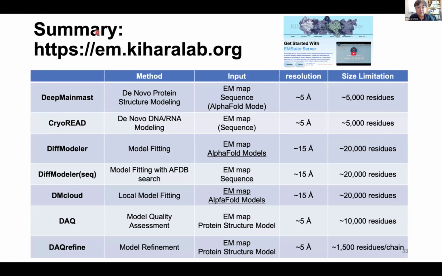Although we haven't posted the methods yet, we have a tool which does both together. Currently on this web server, you can choose the complex modeler, which does the protein modeling and DNA modeling, and then combines the models together. You can do that on this server, but we are also still developing it. But yes, you're right. Mainly it's coming from the data set limitation and also the historical reason.